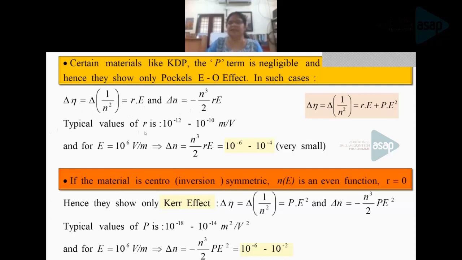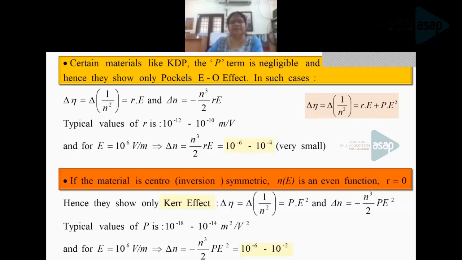Now we can find out the change in refractive index or induced birefringence in Pockels effect. The typical value of Pockels coefficient ranges from 10 raised to minus 12 to 10 raised to minus 10 meter per volt. For a fixed electric field of 10 raised to 6 volt per meter, we can estimate delta n from this equation.